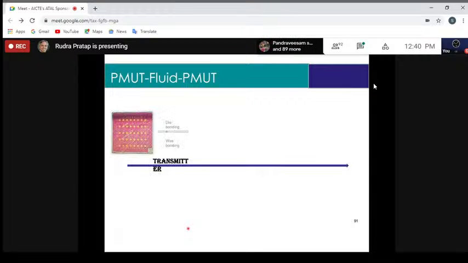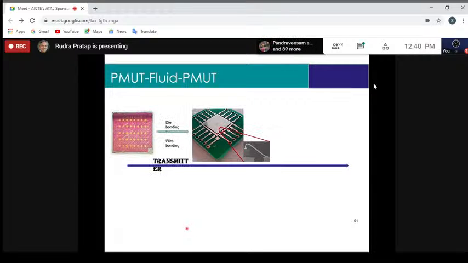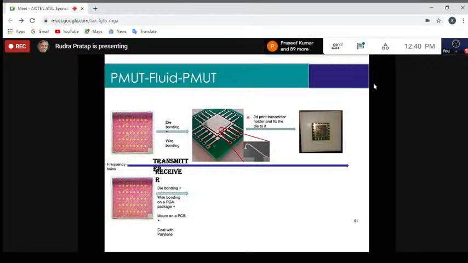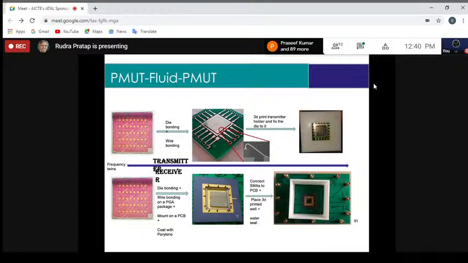We use these transducers as transmitters as well as receivers. That is a transmitter, and you can use it as a receiver here. This is put inside a box, because we want to fill it up with fluids and do some experiments of PMUT, fluid PMUT.